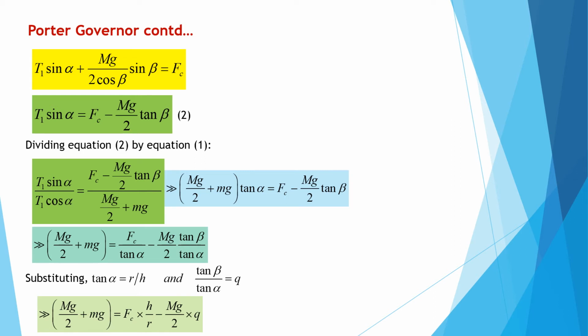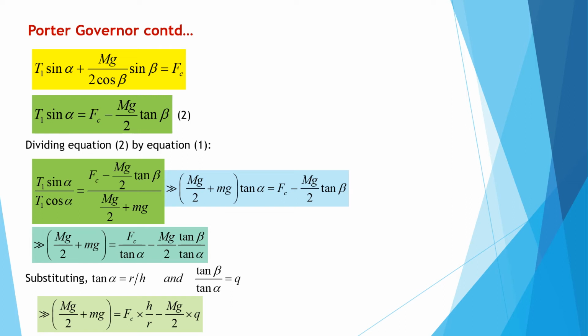And here tan alpha is the radius of the Porter governor divided by the height of the Porter governor, and the ratio of tan beta upon tan alpha we assume to be q.